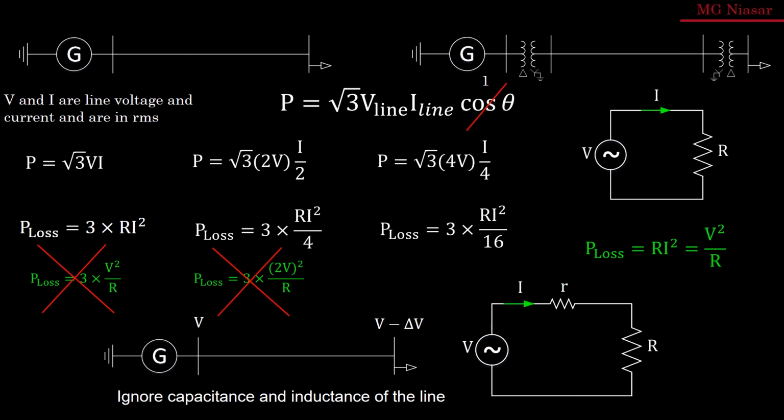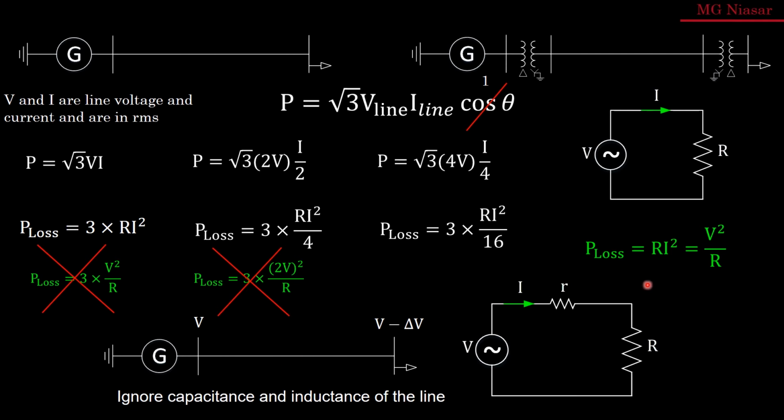Now, if we have a transmission line which has a certain amount of resistance, and there is a load which has a resistance R, obviously there would also be a voltage drop across this transmission line. Let us assume that there are no inductances and no capacitances for simplicity. So if we send the voltage at V, at the receiving end we receive the voltage V minus delta V. And this delta V is whatever voltage drops over the transmission line.